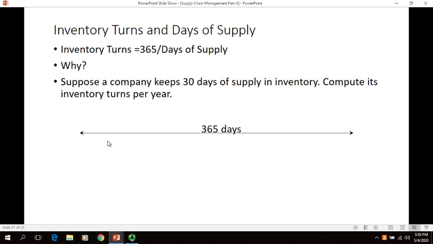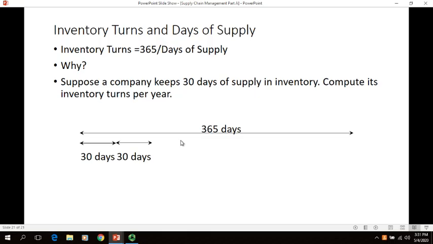In the first 30 days, the company keeps 30 days of supply. That means in 30 days, it turns its inventory once, right? And in the next 30 days, it turns its inventory again.